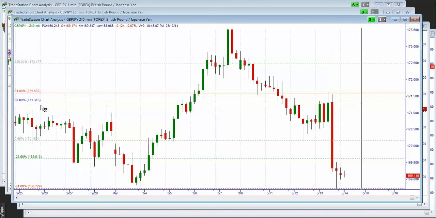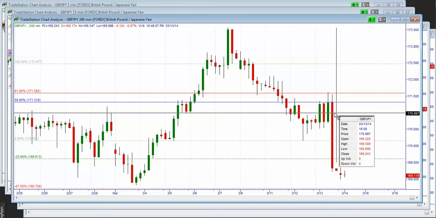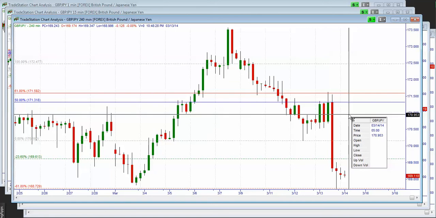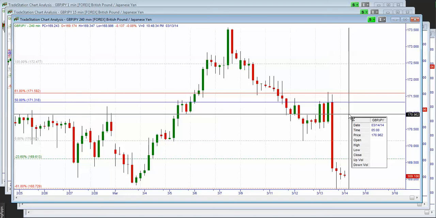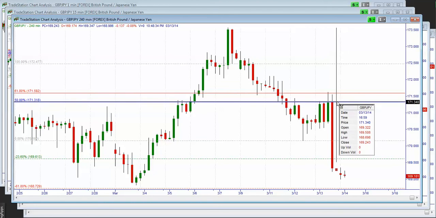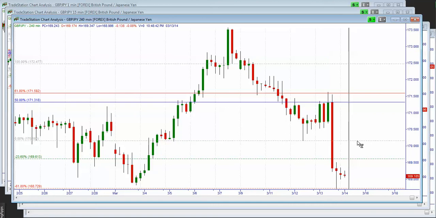At this 171.31 the entry would have been with a stop above 171.61, and you could have taken again a free risk trade, taking half of the position out at around 170.98, 95, where you would have 1 unit of gain which would equal 1 unit of risk. So taking half of it out and keeping the original stop, you would be in a free risk trade.